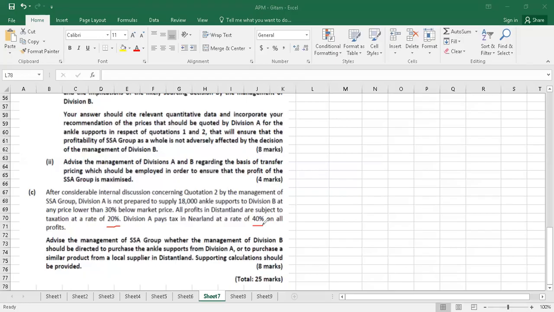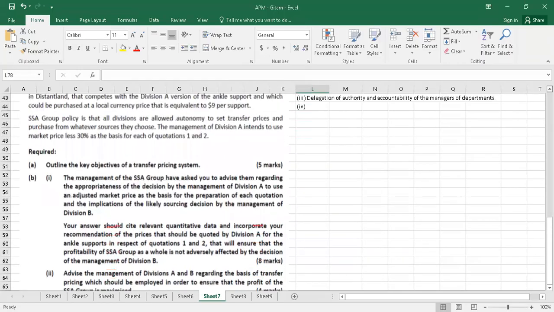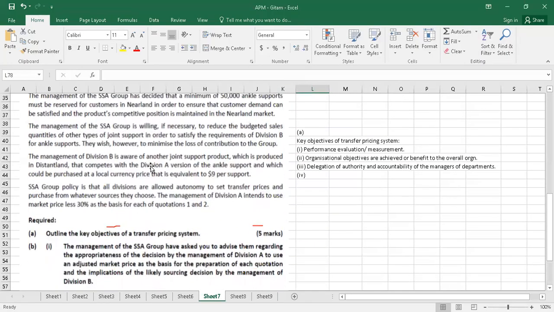We also saw when we read through that, there was a local supplier available to provide such products at the price of $9 per unit. Division A's version of the ankle support could be purchased at a local currency price equivalent to $9 per support. That is also there. There is availability.